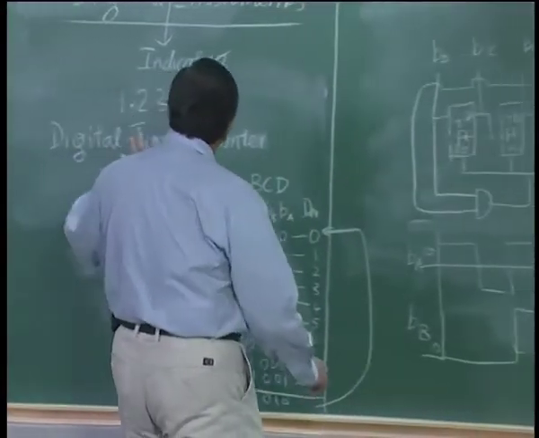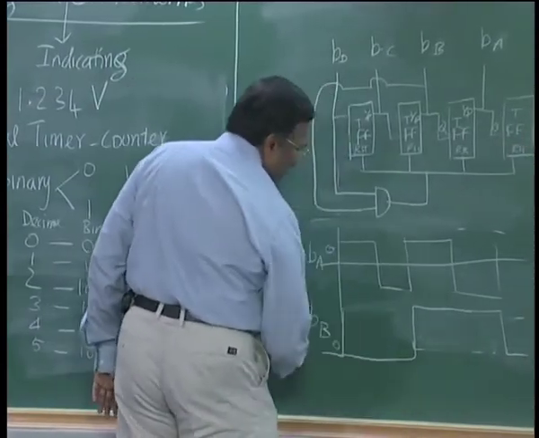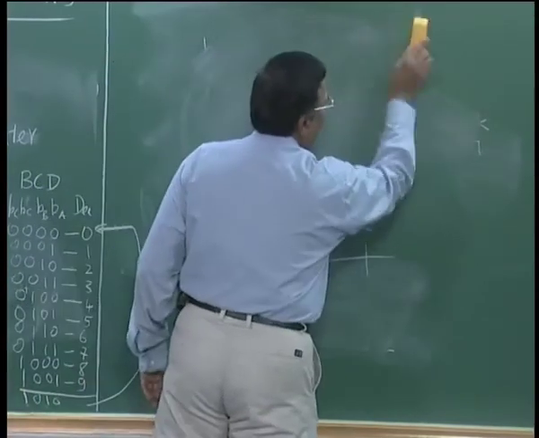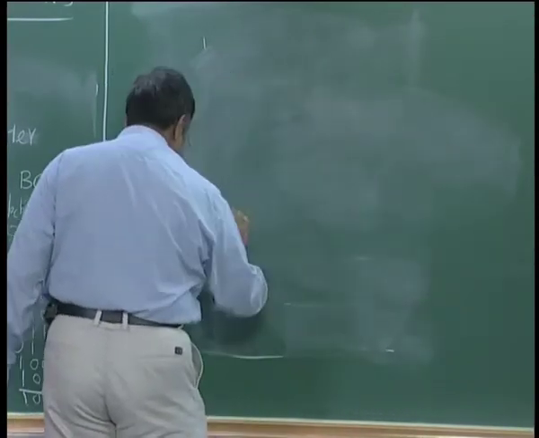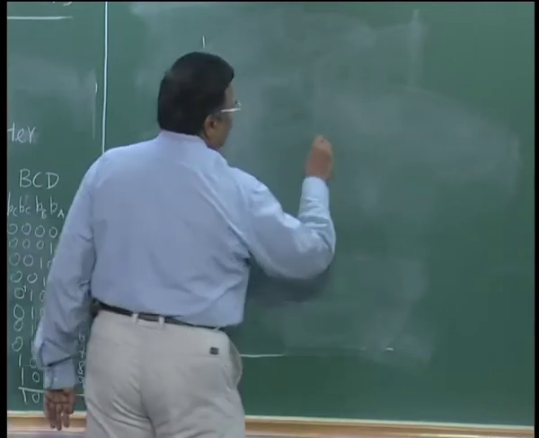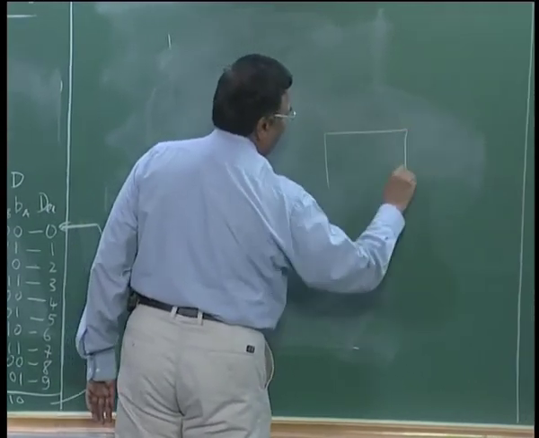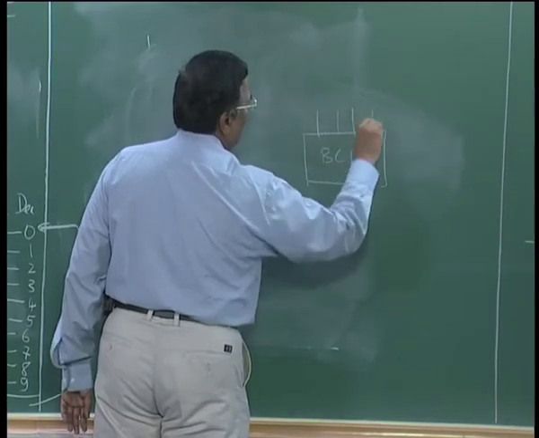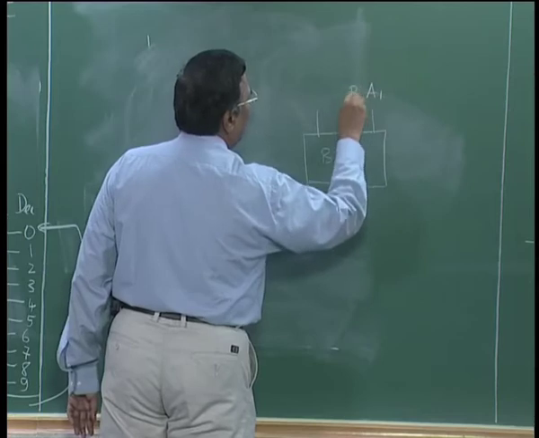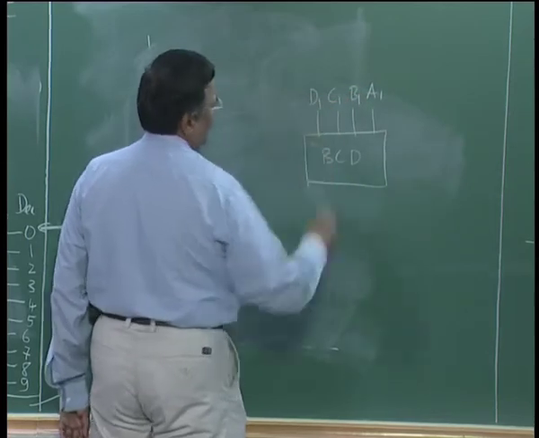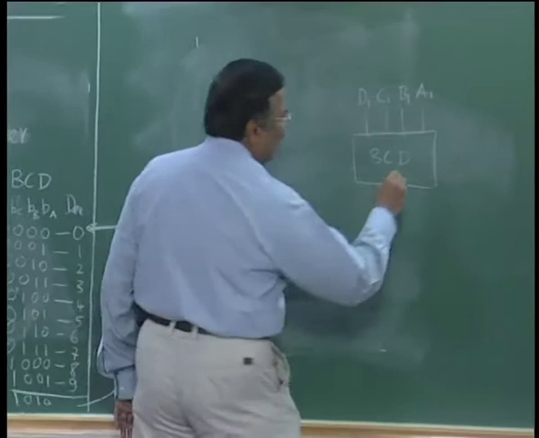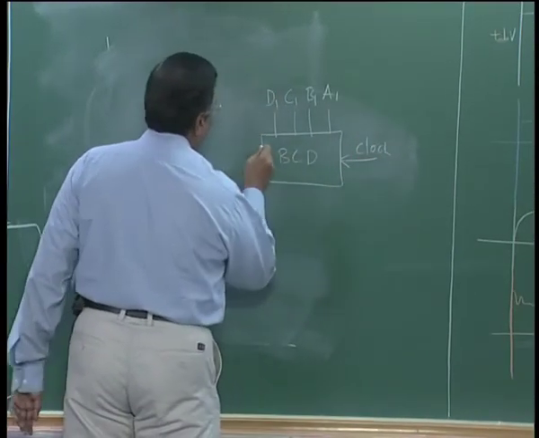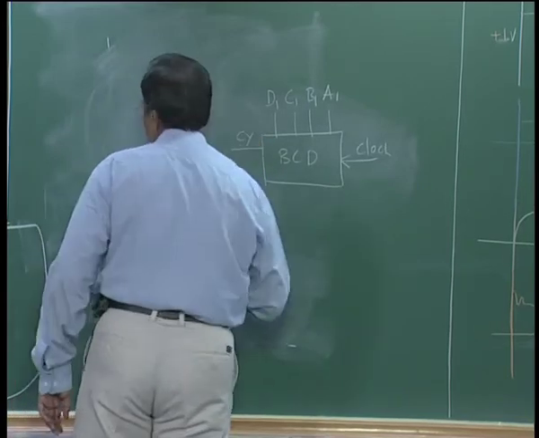So, the basic building block of the timer counter is this BCD counter, right. So, we can say I have one BCD counter, I call this A1, B1, C1, D1, there are 4 outputs, and I have a clock input and I have a carry output.